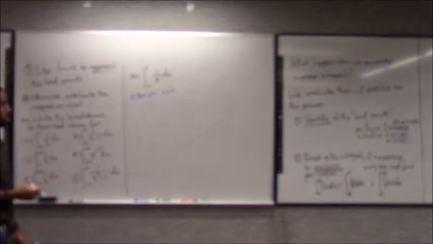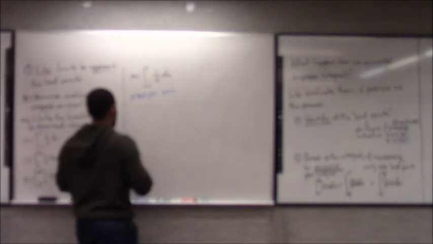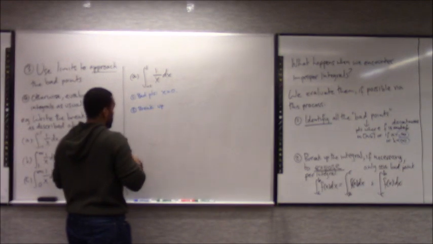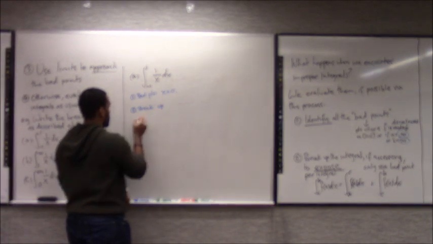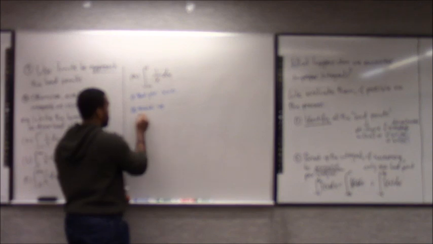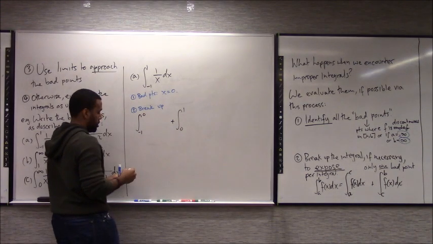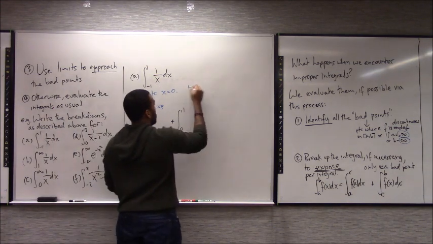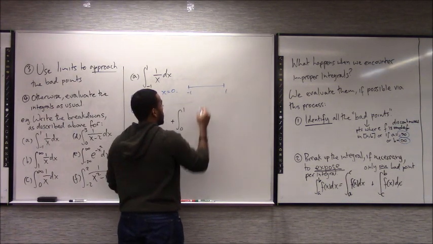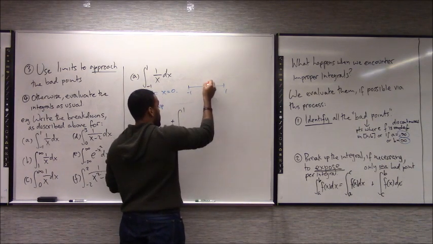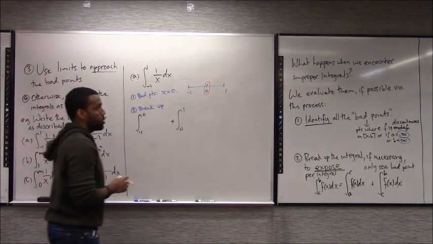You want to expose it, so what you can do is break it up, in the sense that I can go from minus 1 up to 0 and then go from 0 to 1. On the interval minus 1 to 1, 0 is here. 0 is the bad point. 0 is the guy that we have to avoid.